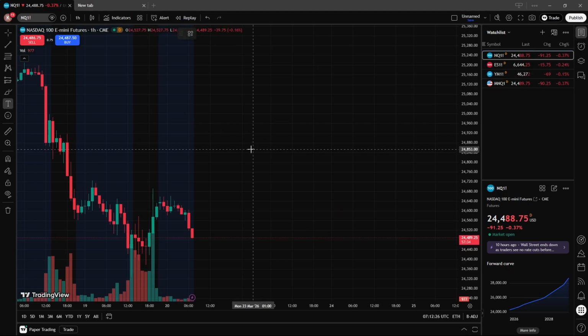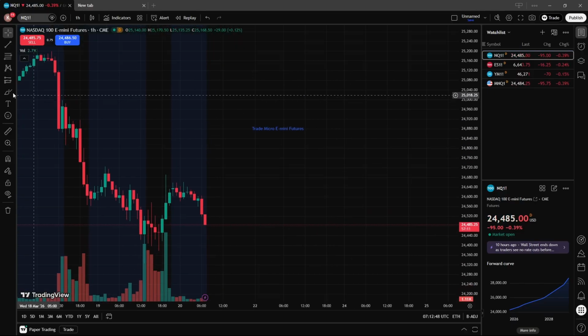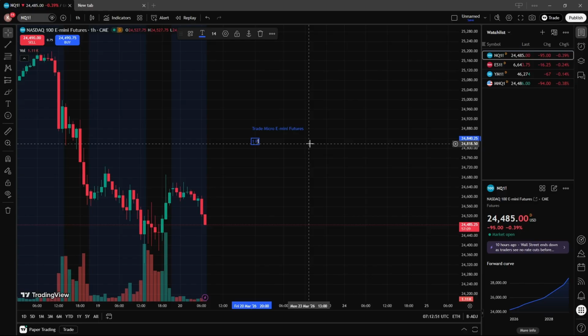Typically, newer traders who don't have a lot of funds and are just getting started, with like $100 to their name, will usually just trade micro E-mini futures. Why? 1 point on micro equals $5.